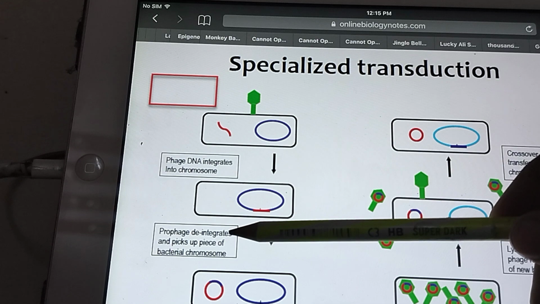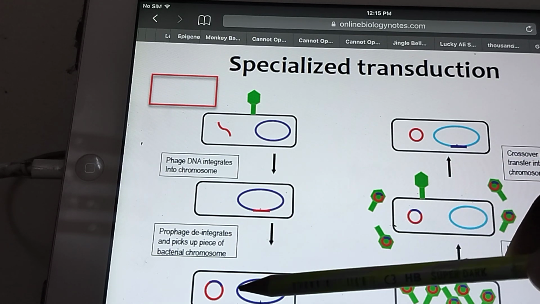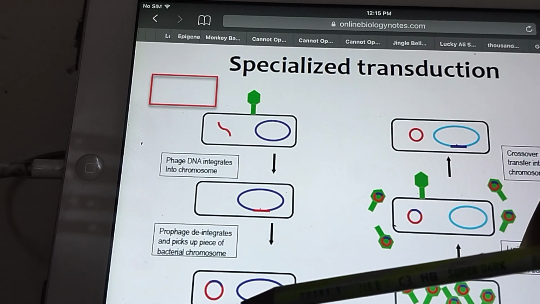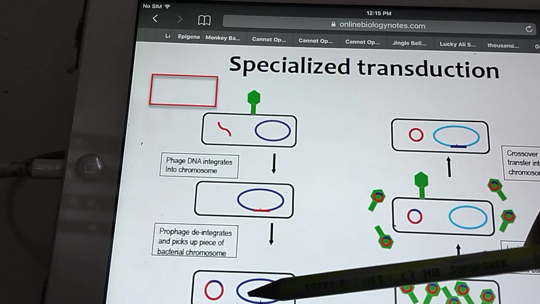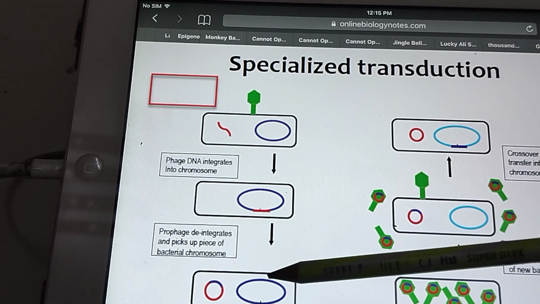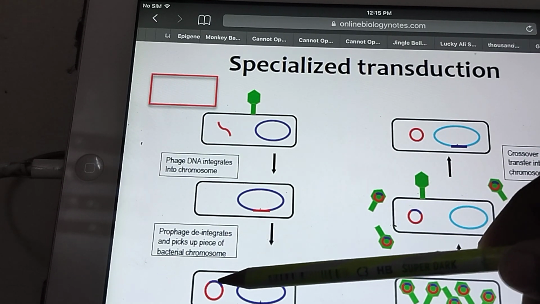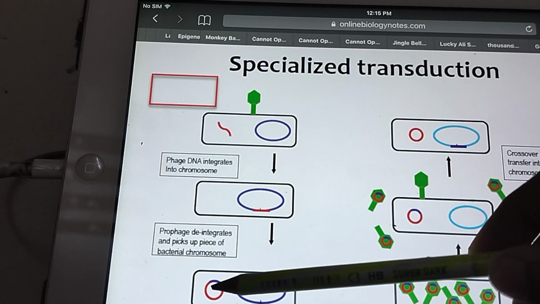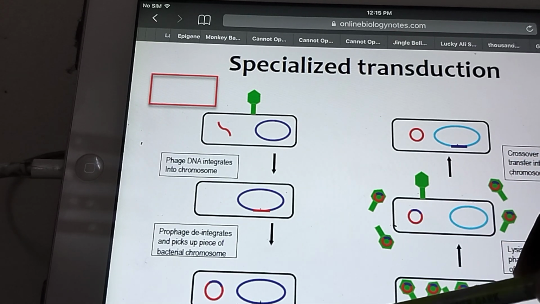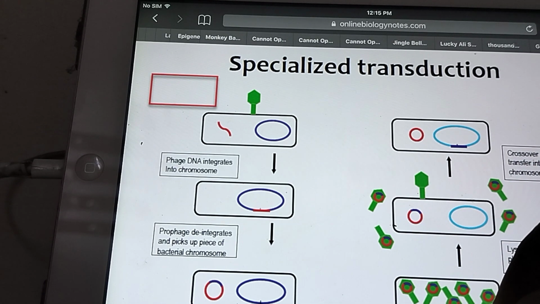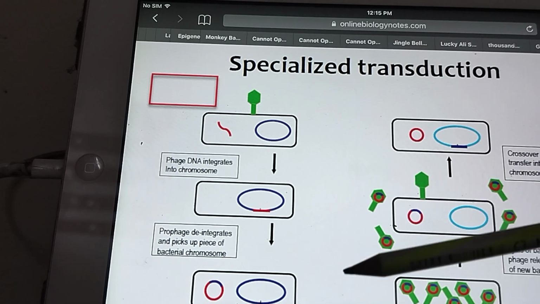When this prophage deintegrates and picks up a piece of bacterial chromosome, it uses the enzymes which excise the bacterial and the viral genome, and this part of the bacterial genome is integrated with the viral genome. Replication of the viral DNA and destruction of the bacterial DNA.